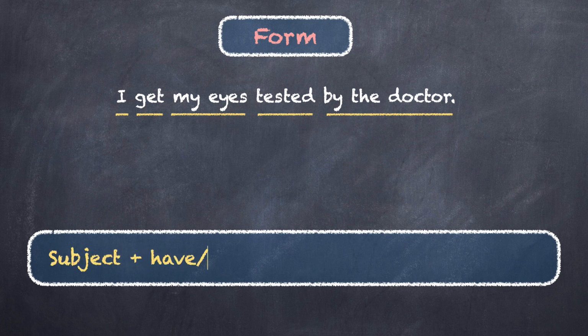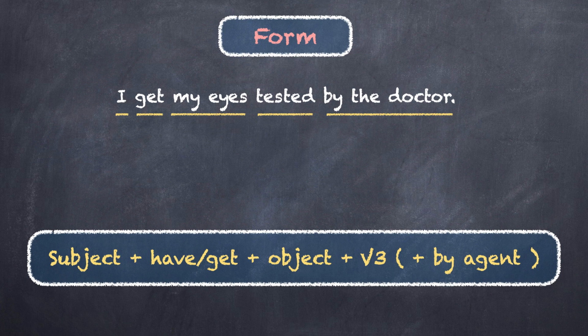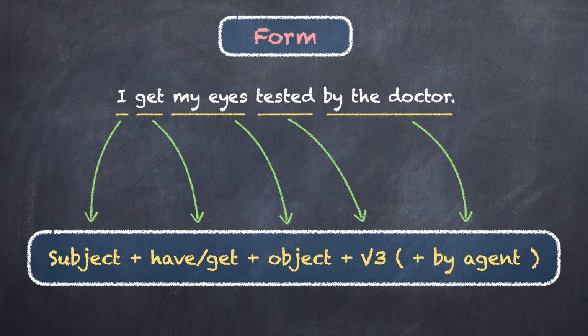Now as you can see, we have the subject, then have or get, then the object, then the verb 3, and finally by agent. Now look, we have the subject I, then get, then the object, which is my eyes, and the past participle or verb 3, which is tested, and finally by the agent, which is the doctor, and the agent is the doer of the action.